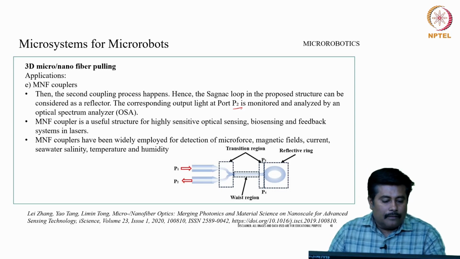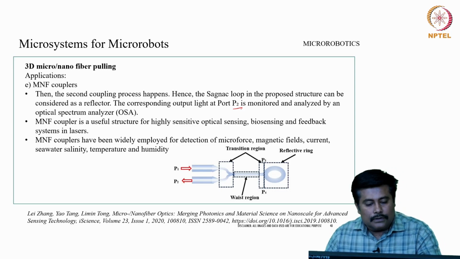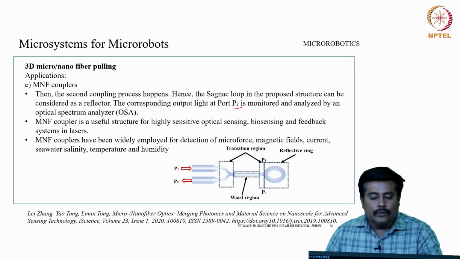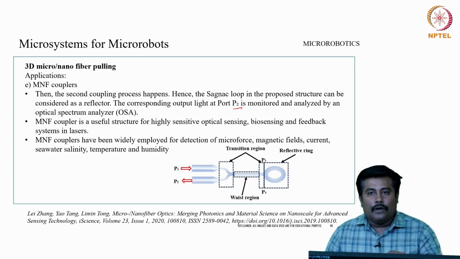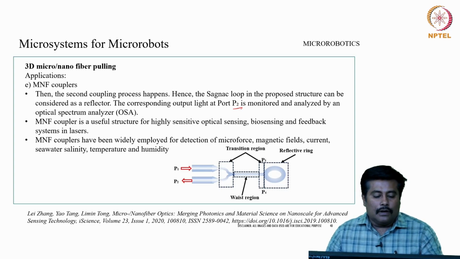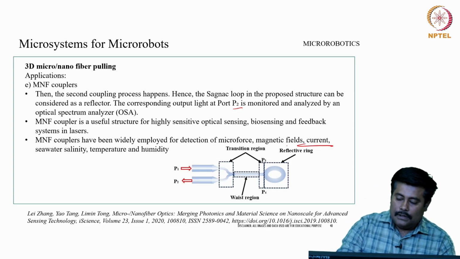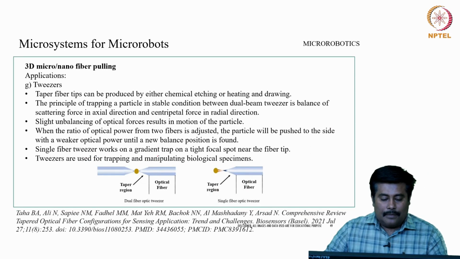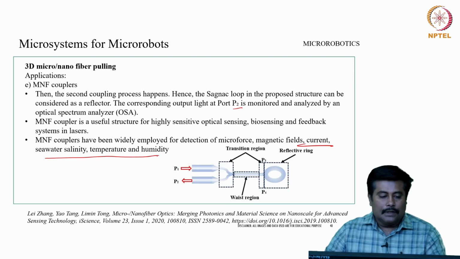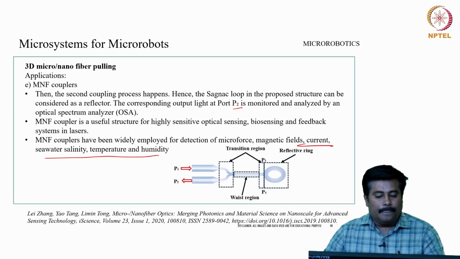So, this MNF coupler is a useful structure for highly sensitive optical sensing, biosensing and feedback systems in lasers, and these MNF couplers have been widely employed for detection of microforce, magnetic field, current, seawater salinity, temperature and humidity. So, these are the different parameters which can be measured using this particular system.